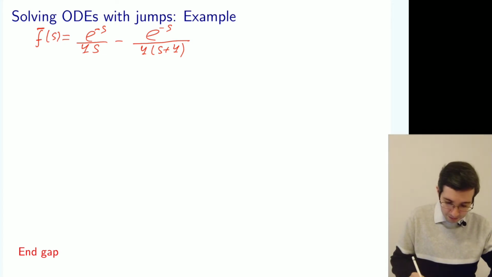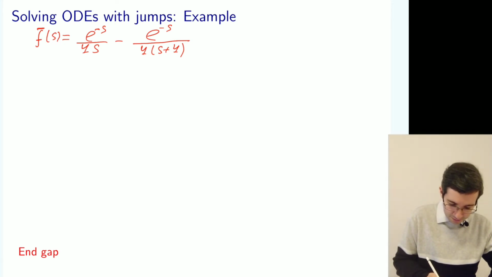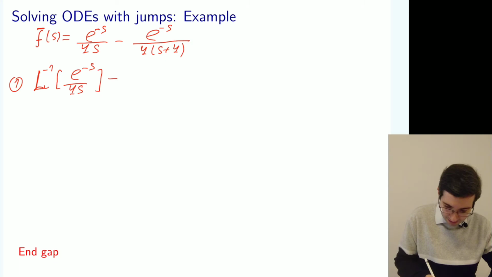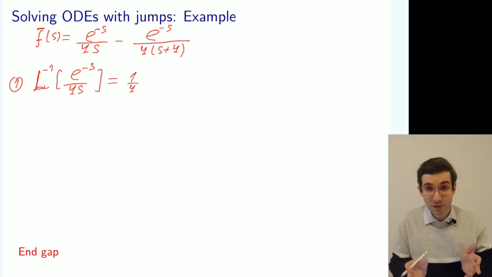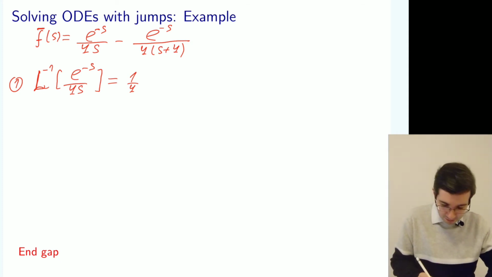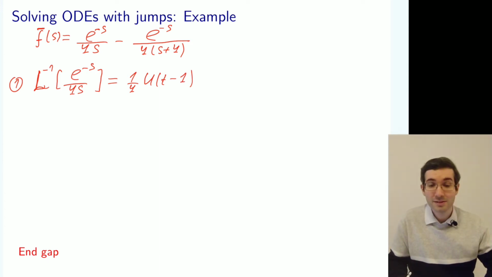And if we apply an inverse Laplace transform to the first part, we can just use the tables. And from the table, we just see that this is 1 over 4 times shifted unit step function.